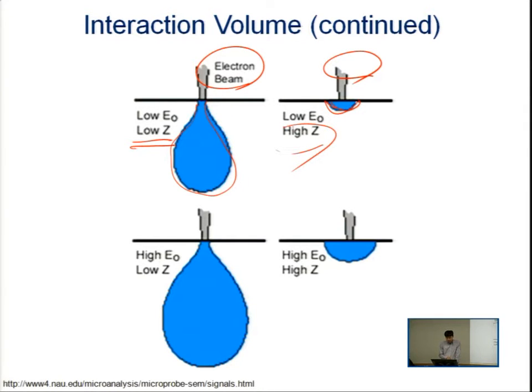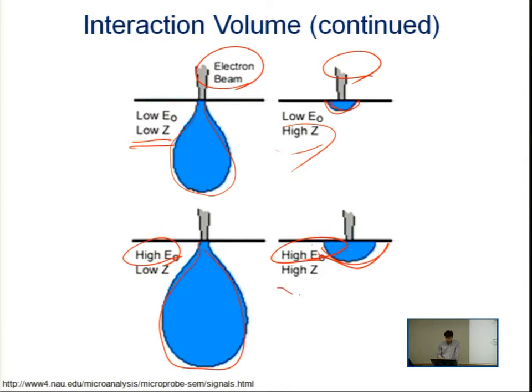And as we increase the energy of the primary electron beam, the interaction volume gets bigger, but it still depends on the materials. Those interaction volumes are very different.